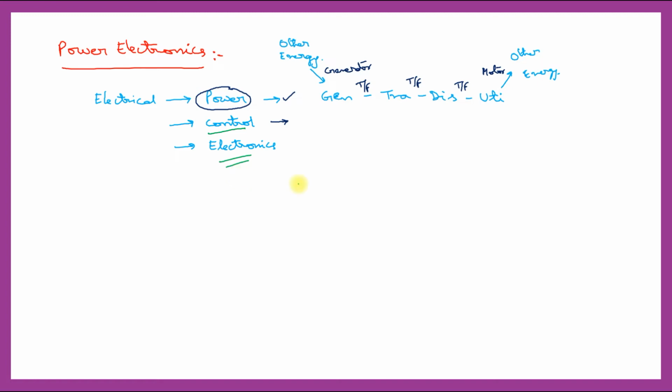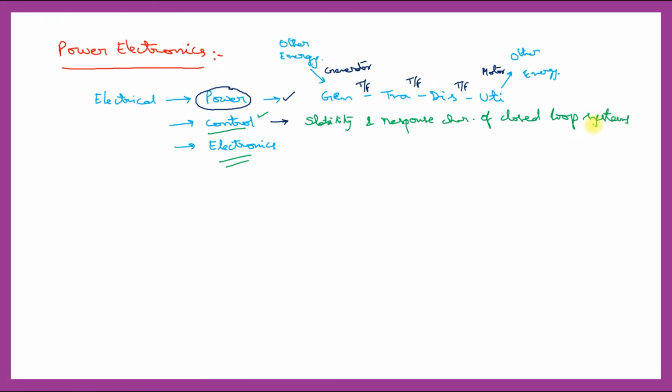So what is meant by control? Control means stability and also the response characteristics of closed loop systems.